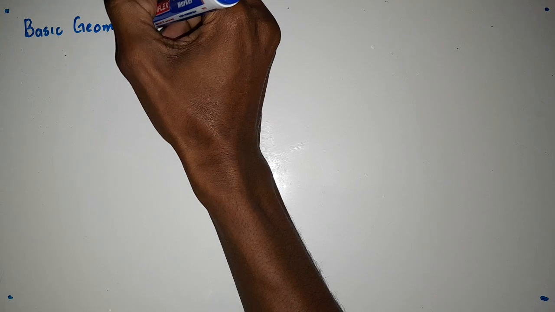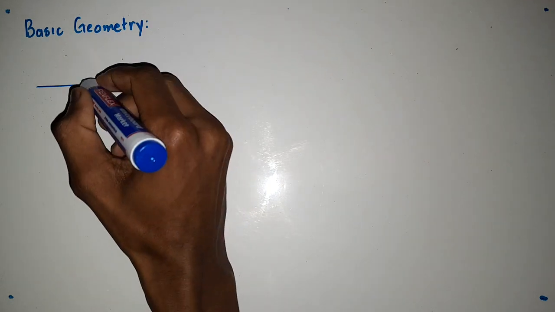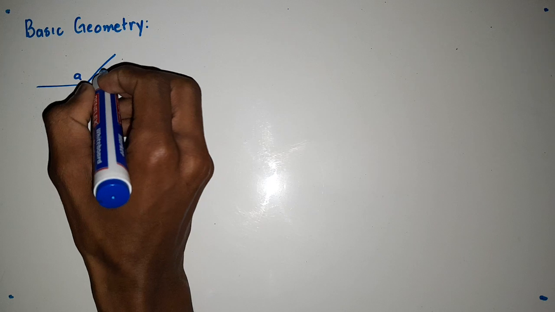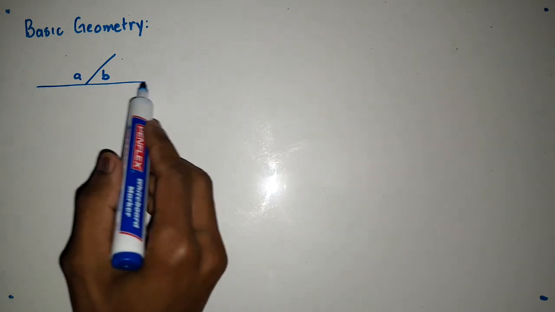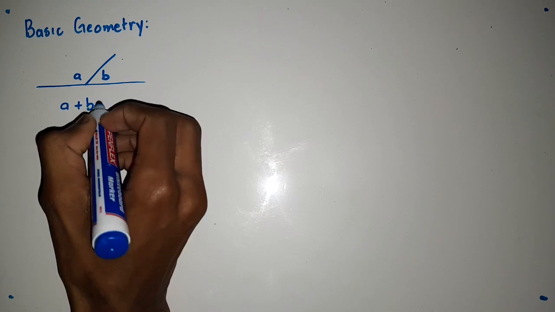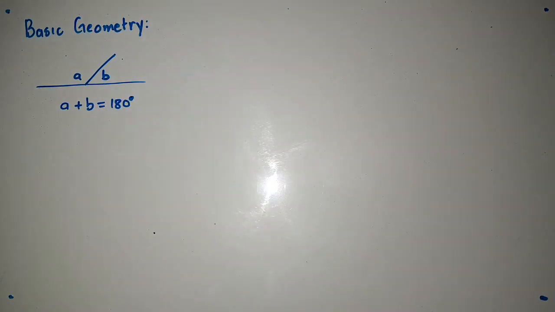The basic geometry. Firstly, we are going to start with lines. Let us consider a straight line, and let's say we have angles A and B. If you have a straight line like this, these two angles A plus B equal 180 degrees.